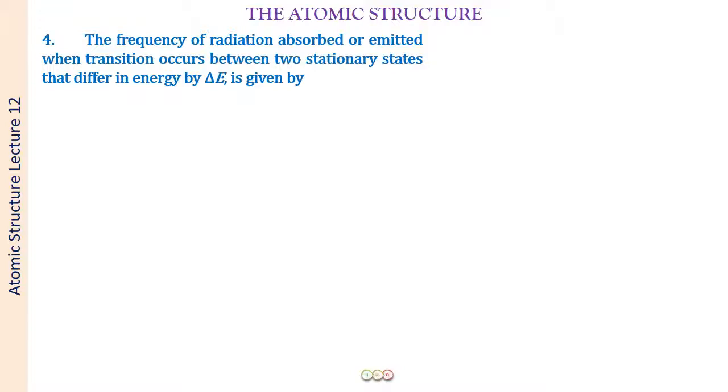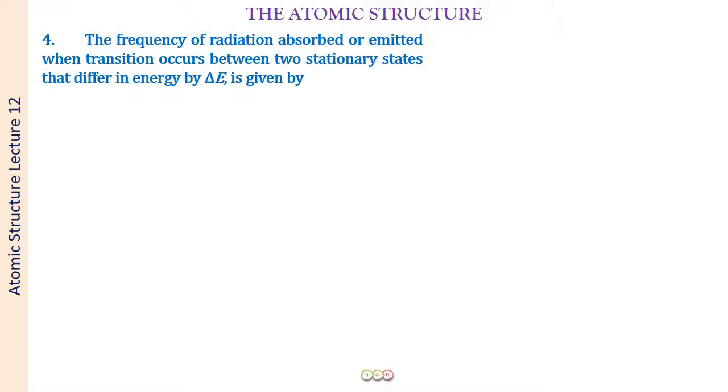So now you know, whenever a transition occurs between two stationary states, when an electron moves from a lower energy state to a higher energy state, energy is absorbed. When coming from a higher to a lower energy state, energy is emitted. When it is emitted, it is done in the form of electromagnetic radiation.